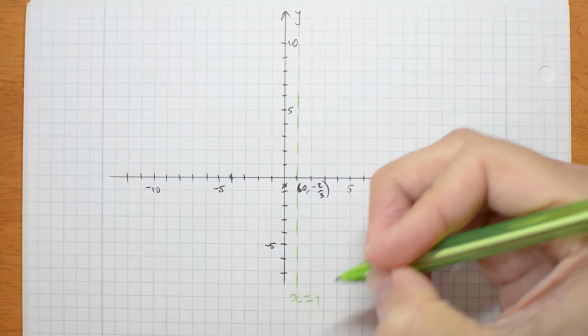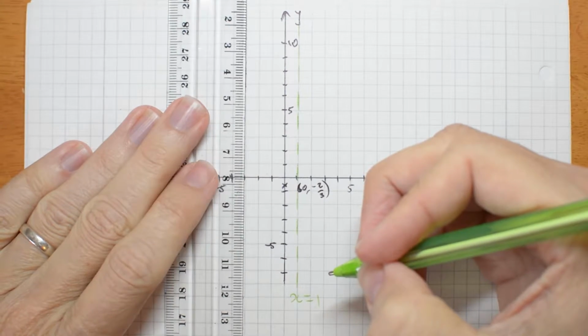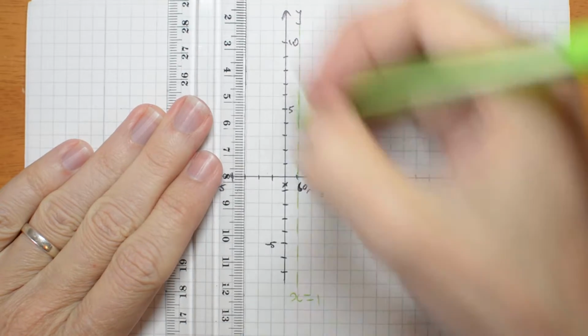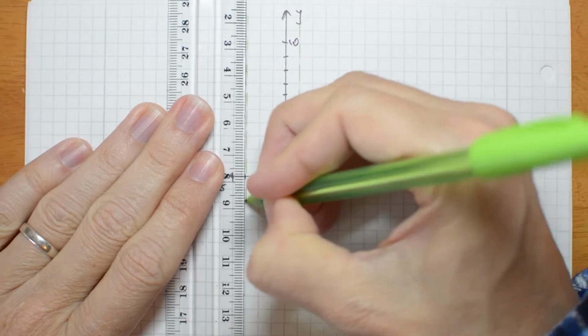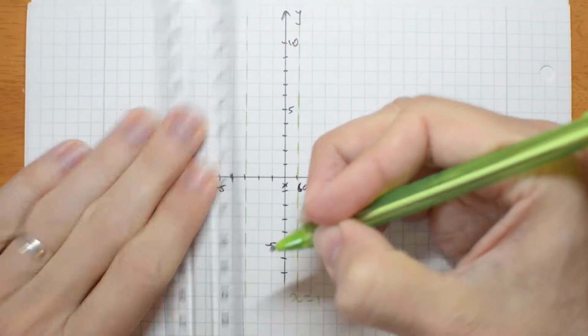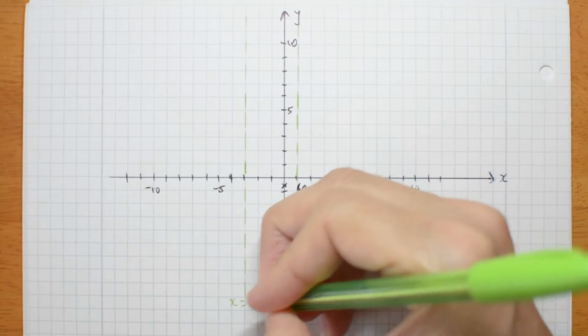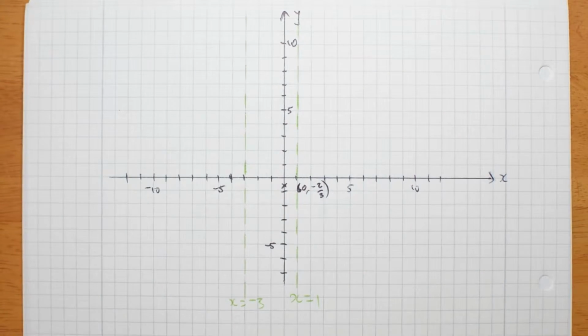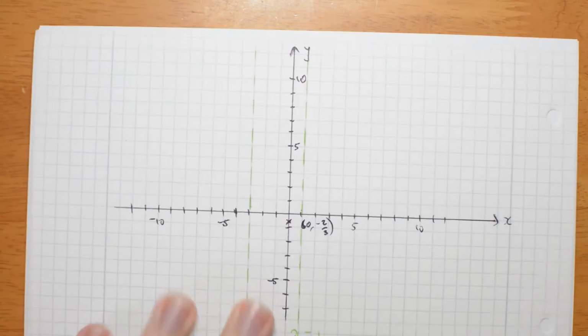X equals 1 and x equals negative 3. There is a horizontal asymptote at y equals 2.